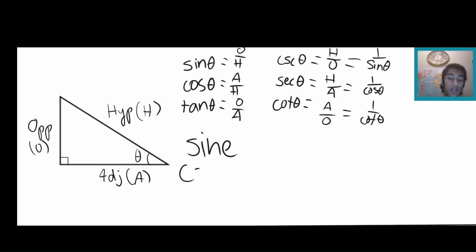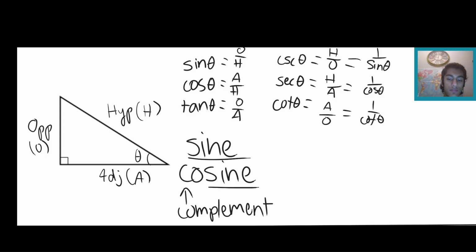Cosine, when expanded, is, you see, they both have the word sine, but here you have this co. And the co has a meaning. It stands for complementary. Now, what does it mean when something is complementary? Well, it basically means that this plus that equals 90 degrees.